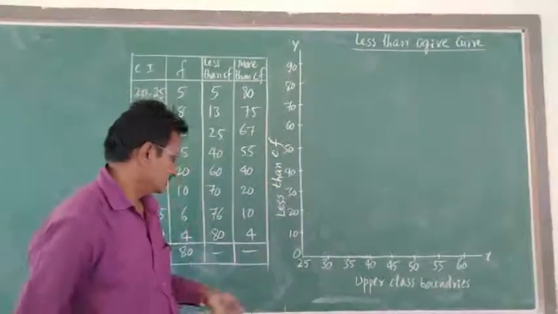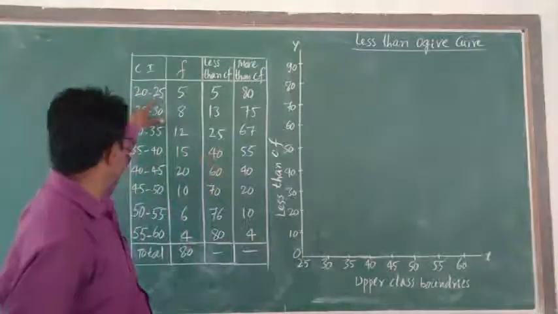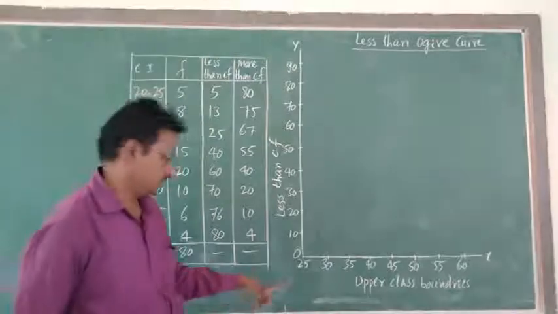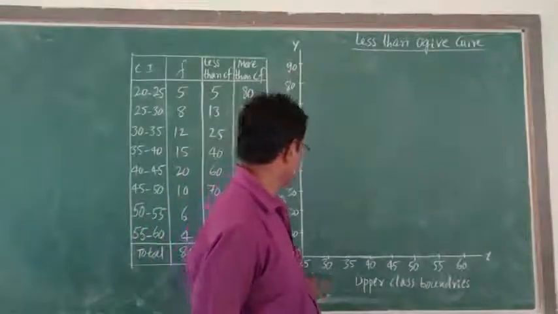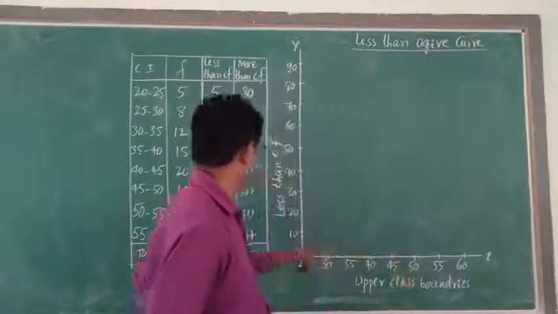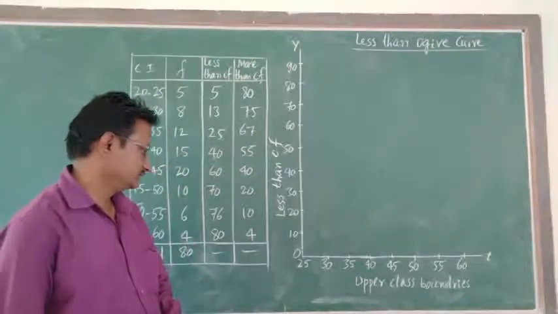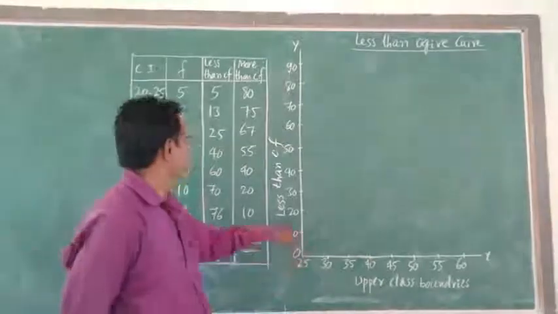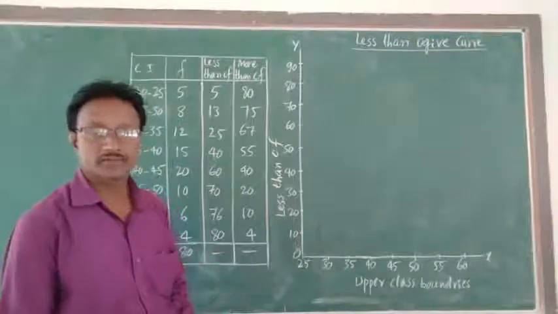Here 25, 30, 35, 40, these are upper class limits. So upper class limits or upper class boundaries are taken on x axis, and corresponding to upper class boundary and less than CF, we have to mark the points.